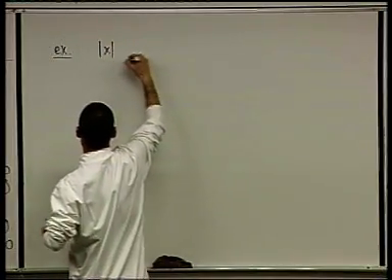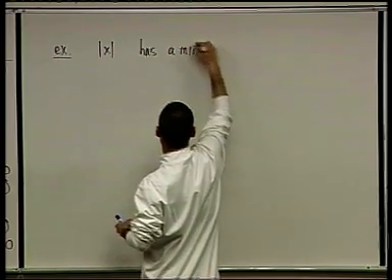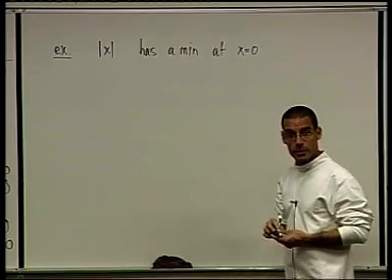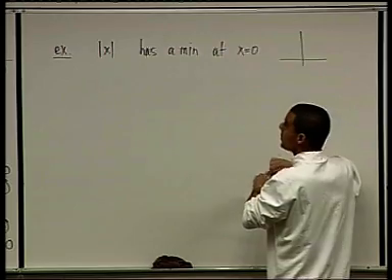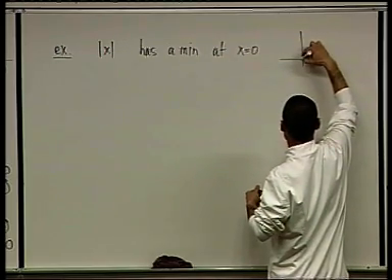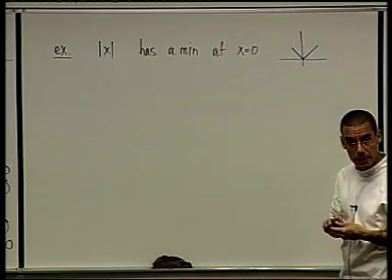Absolute value of x has a minimum at x equals 0, although, of course, this function is not differentiable there, so Fermat is not going to pick up that minimum, right?